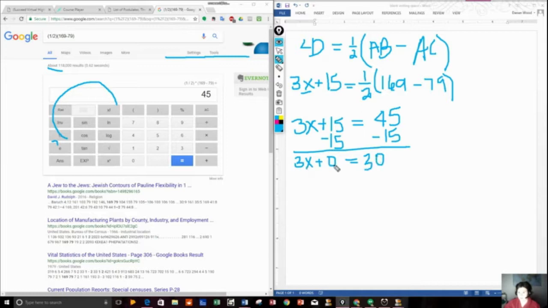The reason why we wanted 0 was because 3x plus 0 is 3x, and that still equals 30. Now 3 is multiplying to x, so we're going to divide and make that value a 1. So 3 divided by 3 is 1 times x, and 30 divided by 3 is 10.